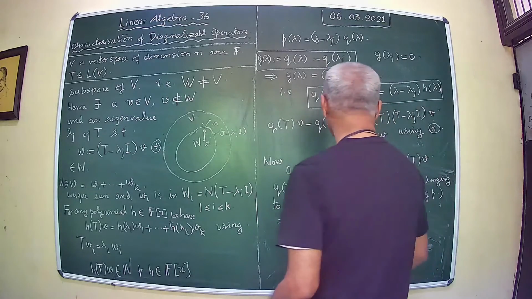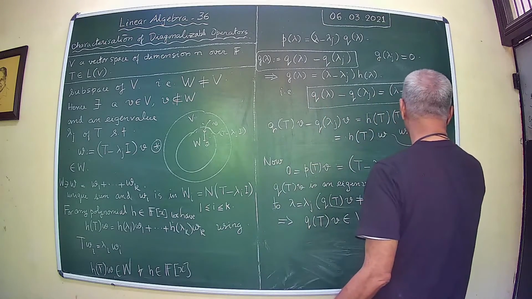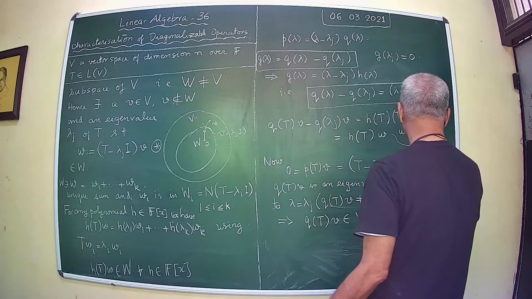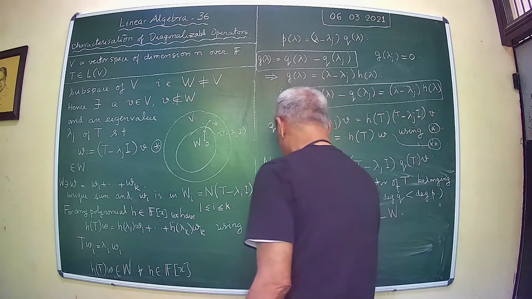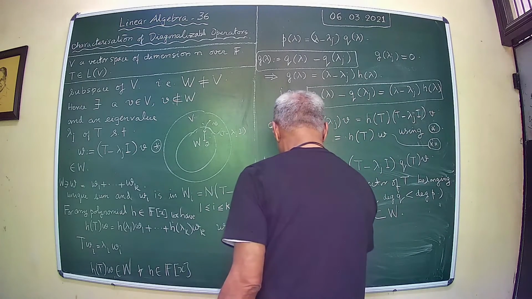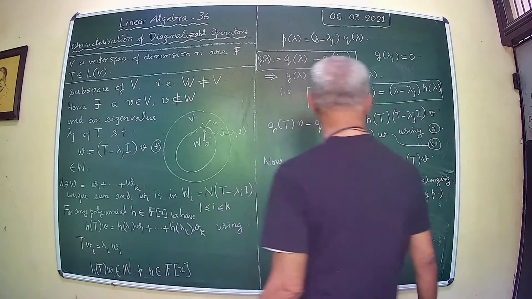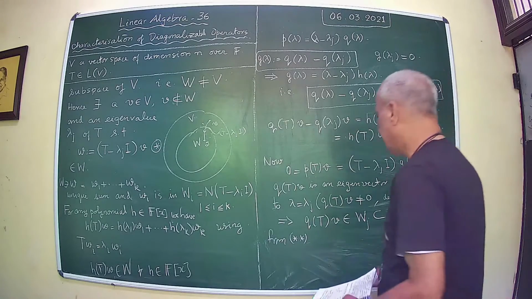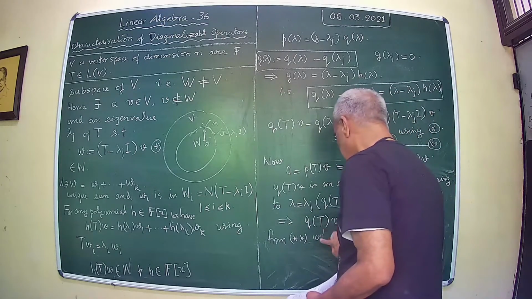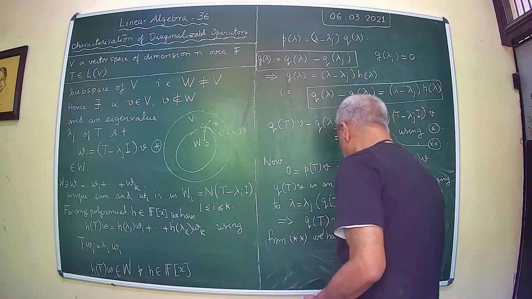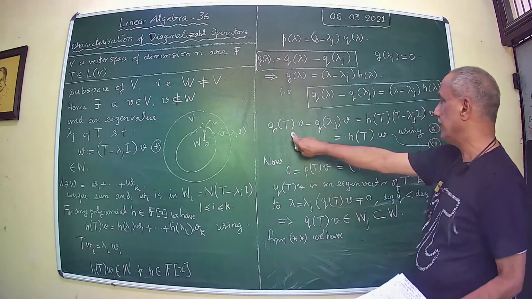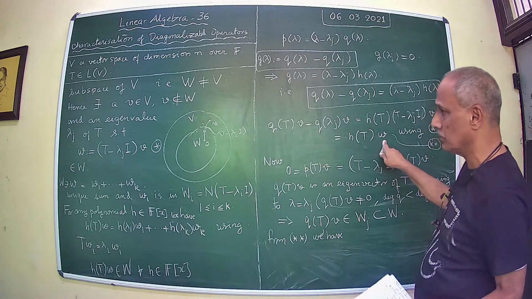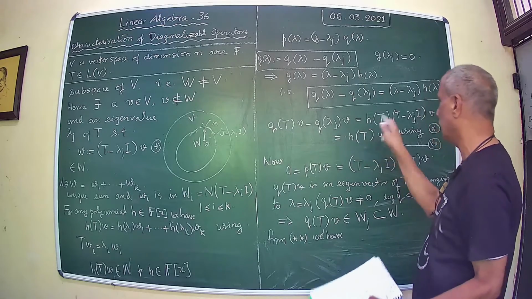Therefore, QT v is in W, this is also in W, therefore it's anyway in W. Any polynomial of W is.